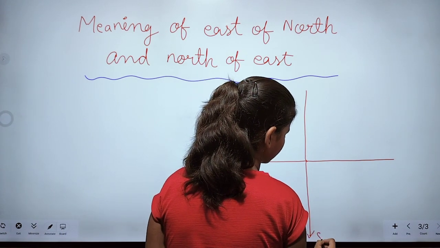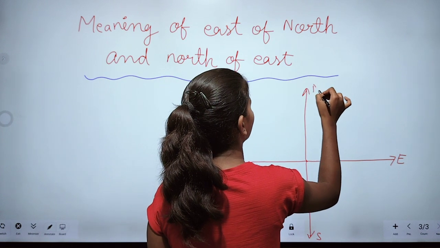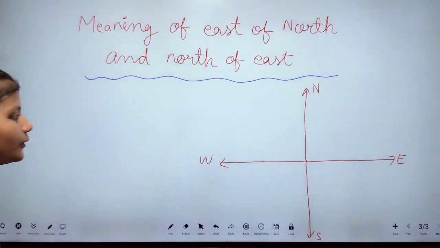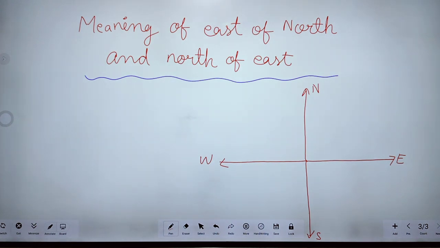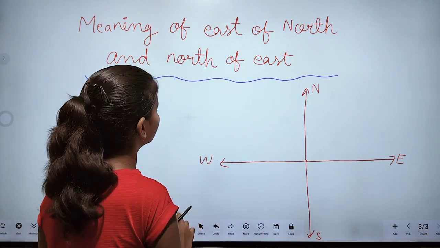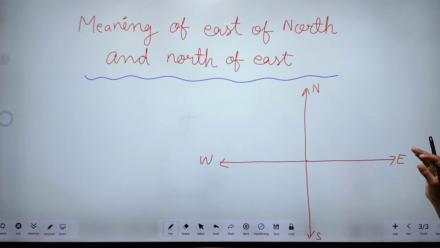So this is east, north, and here is west. Okay, now let's see the meaning of north of east and east of north.